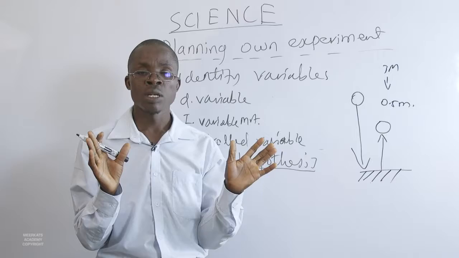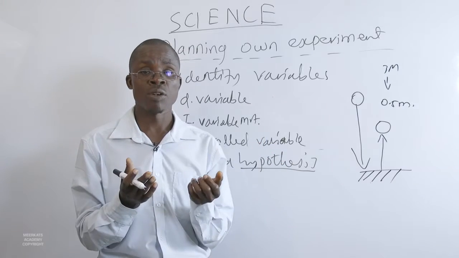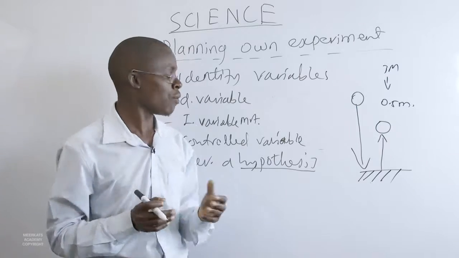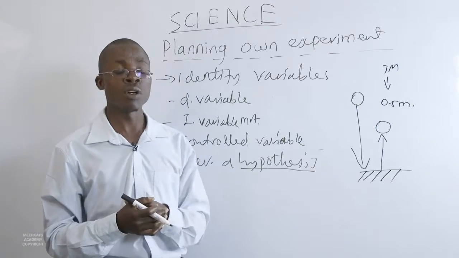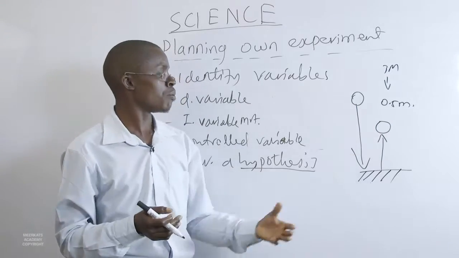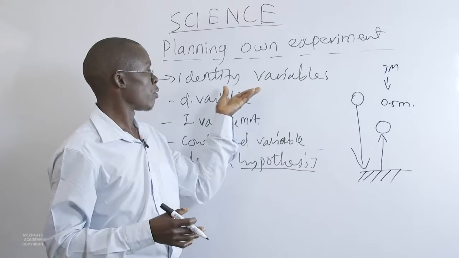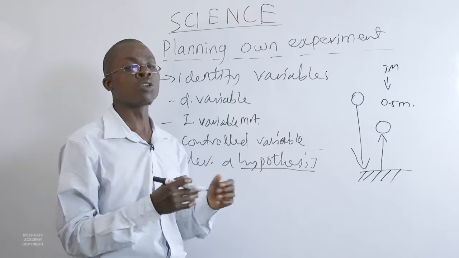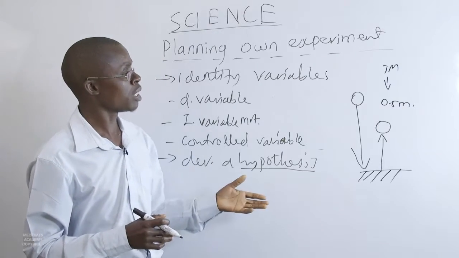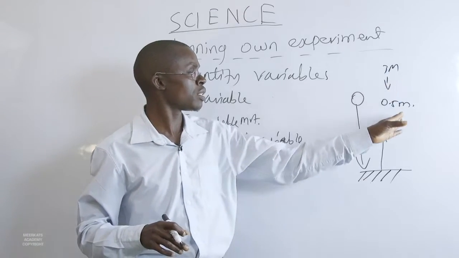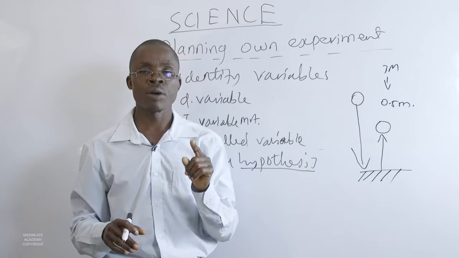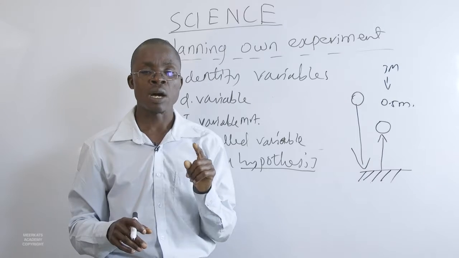Whether it is right or wrong, I don't know. I can only confirm it through an experiment. So after the hypothesis is when you go in for the materials, picking out the materials following the variables as you had identified. Then from there, you go to the procedure. With the procedure, using the different heights, you carry out the experiment and record the data accordingly.